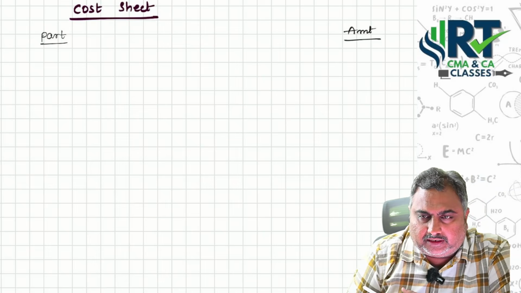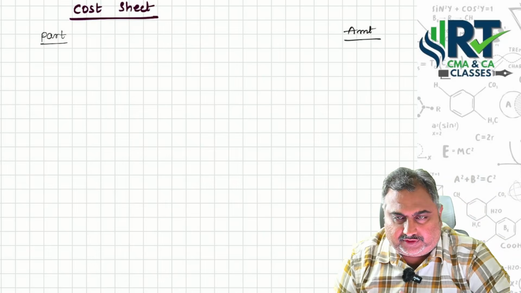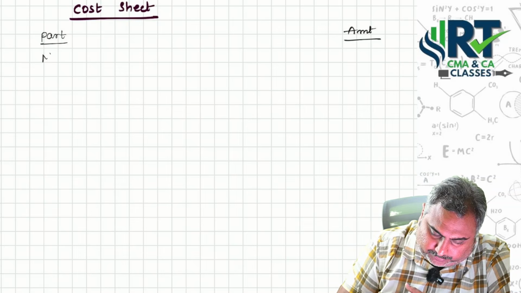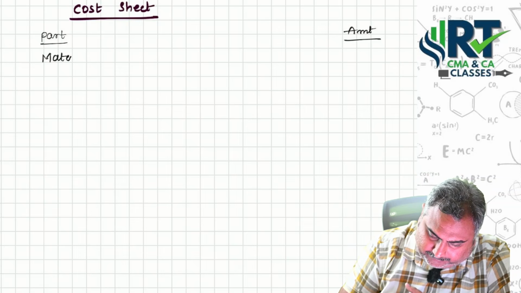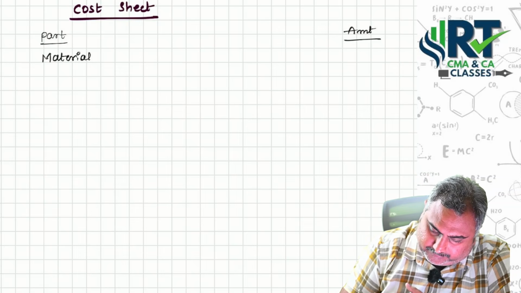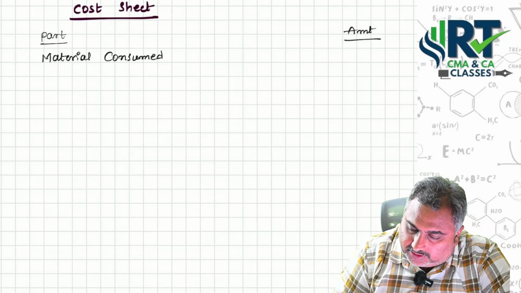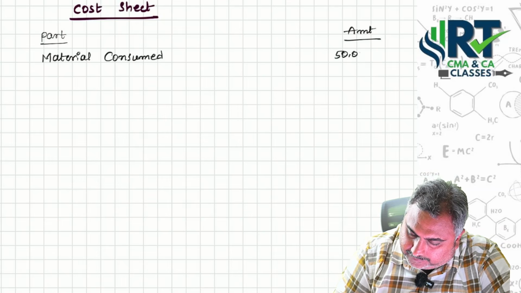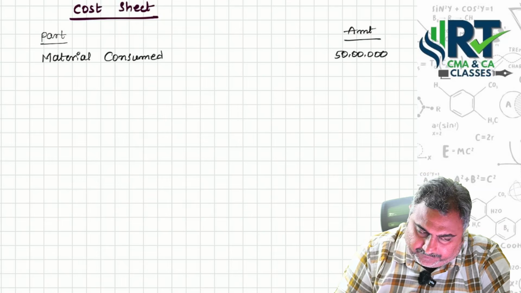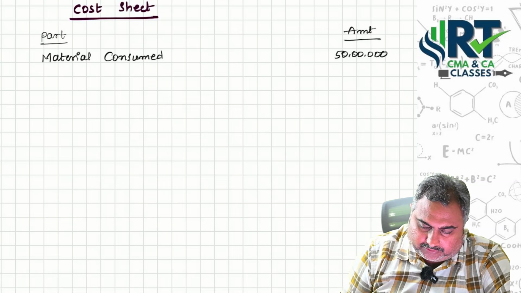First start with my already given question point of view. They provided material consumed. How much is given in the question? 50 lakhs. For this, what are we supposed to add?